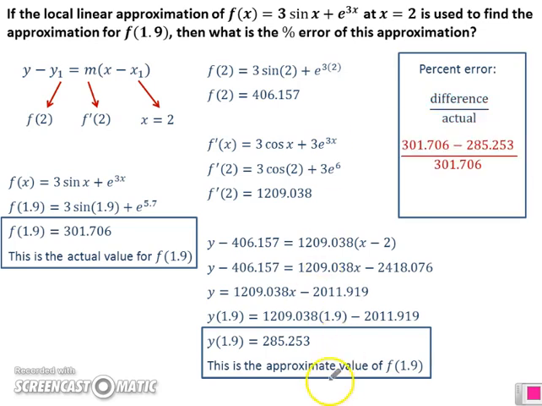So you take the 285 number, take it away from the actual value of 301, and then divide it by the actual value of 301. So it's approximately 5.45% off. And it doesn't matter if it's negative or positive, it's an absolute value here.